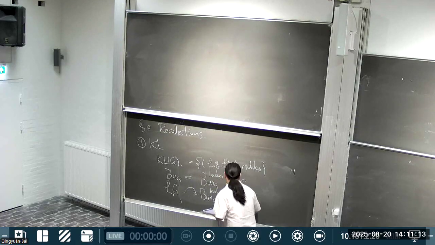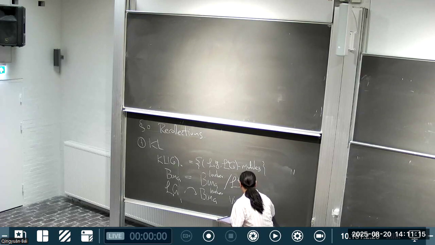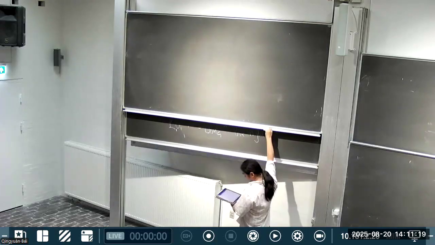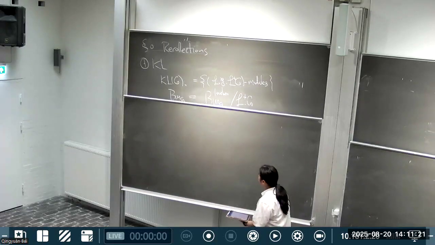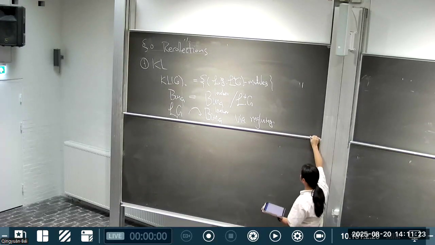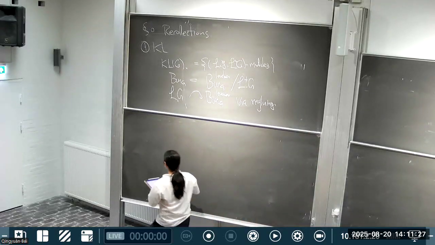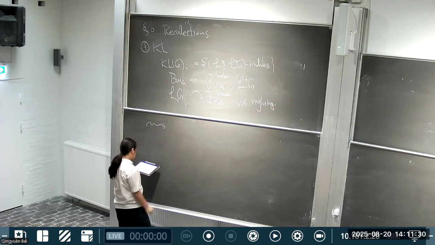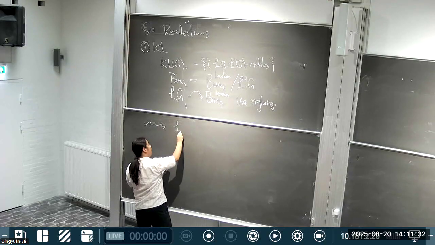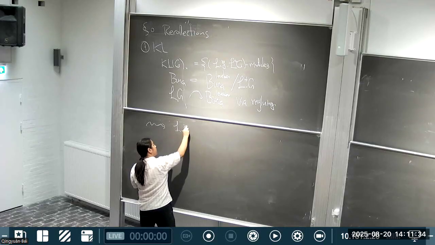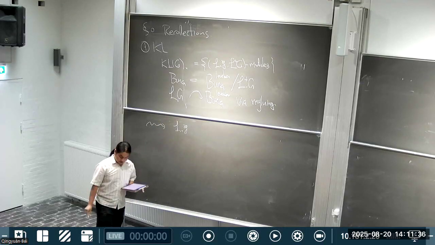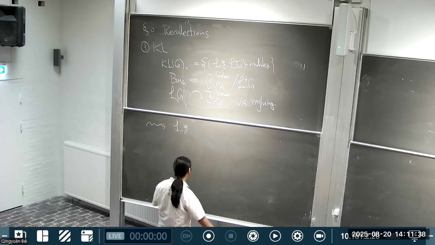Using this action and the general paradigm of localization, we can produce some functor from KL to D-modules on G-level infinity. Namely, this action gives you a map between Lie algebras. Here we take the Lie algebra of this loop group, which is just the loop of the Lie algebra.